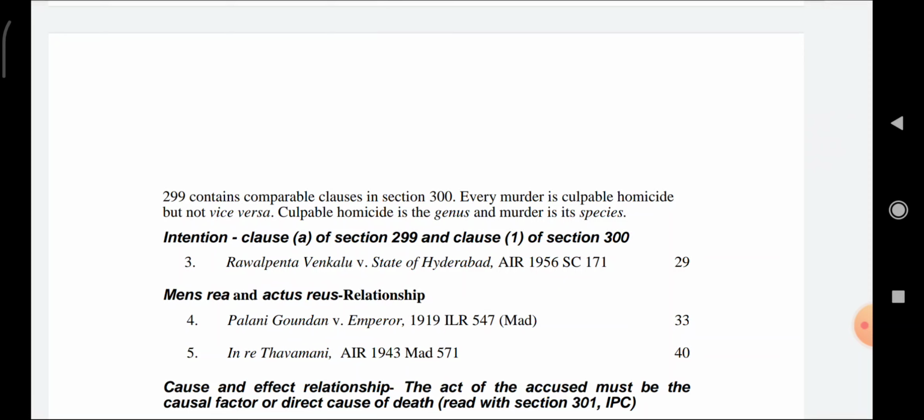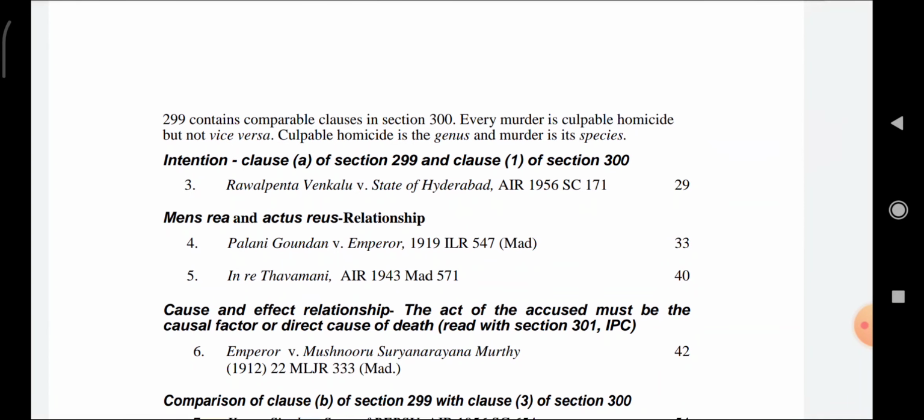Sorry for that guys, I said it wrongly earlier. Every murder is culpable homicide but not vice versa. It means every culpable homicide is not murder. Culpable homicide is the genus and murder is its species.